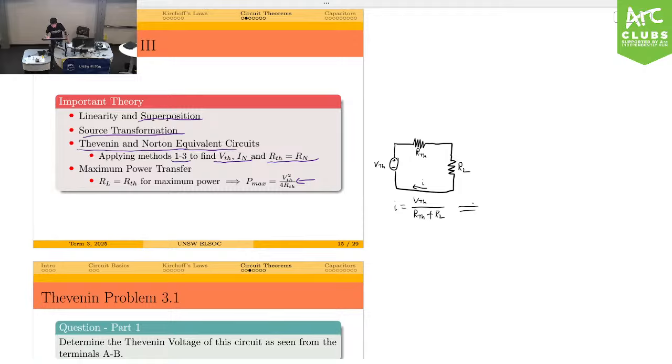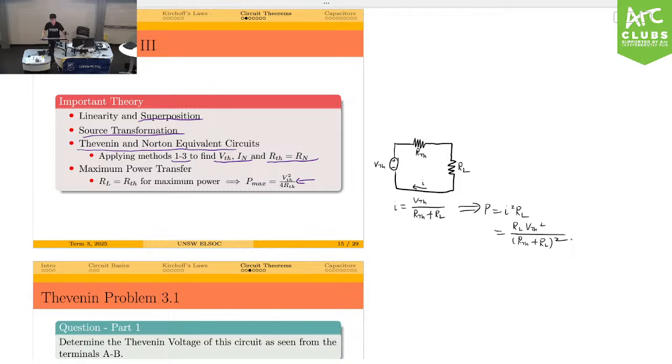And so P equals I squared RL, which equals RL VTH squared over (RTH plus RL) whole thing squared. So this is our expression for the power absorbed by RL in general.